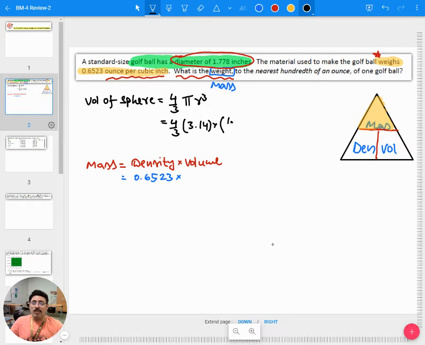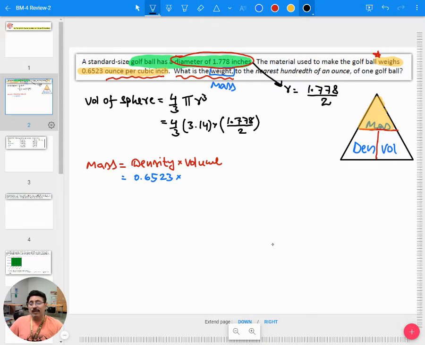Therefore, 1.778 over 2. Again, I am repeating, especially when you are taking a test, if the diameter is given, then blindly write the value of the radius: radius equals half of the diameter. So 1.778 over 2.